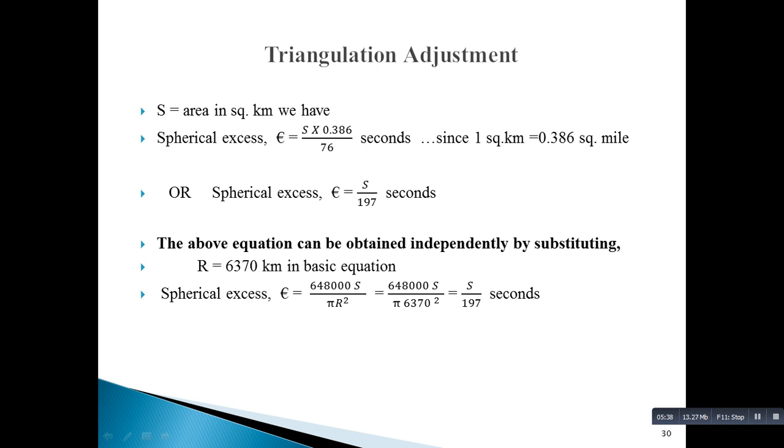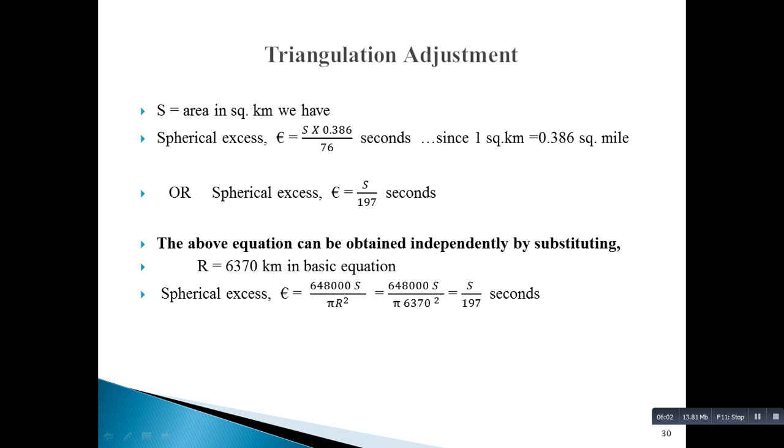So you can get the spherical excess if that area is in square miles or if that area is in square kilometers. The above equations can be obtained independently by substituting. If you directly consider the radius of Earth in the basic equation, so it is 648,000 S divided by pi r square.